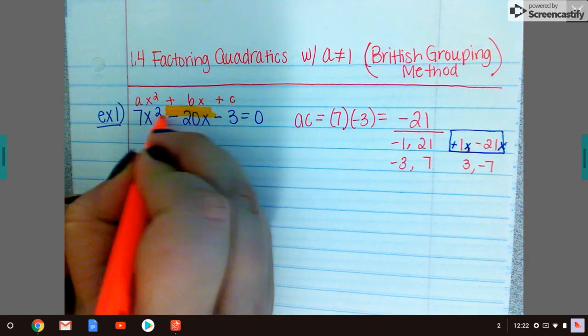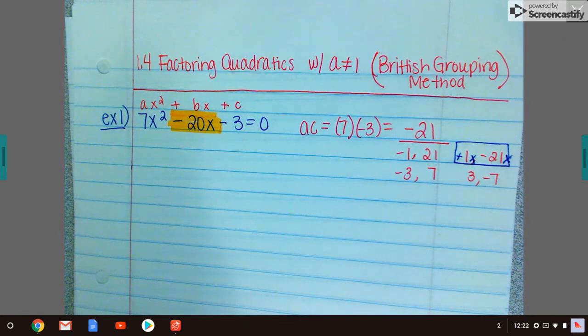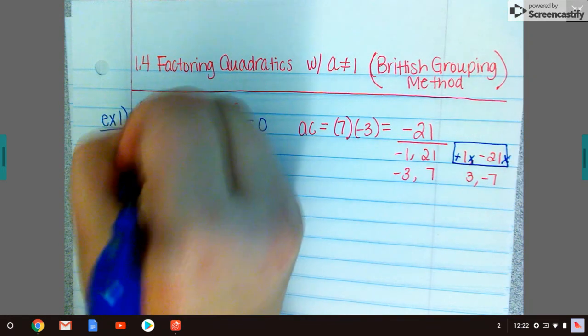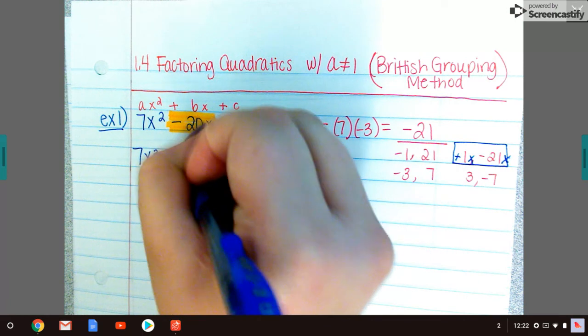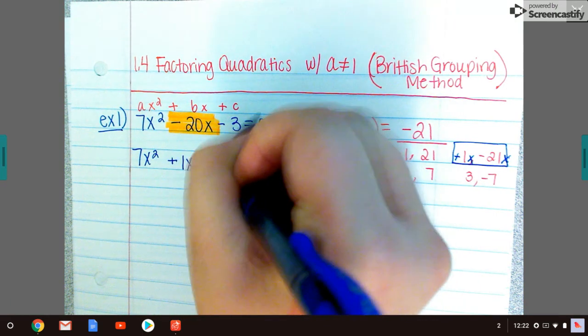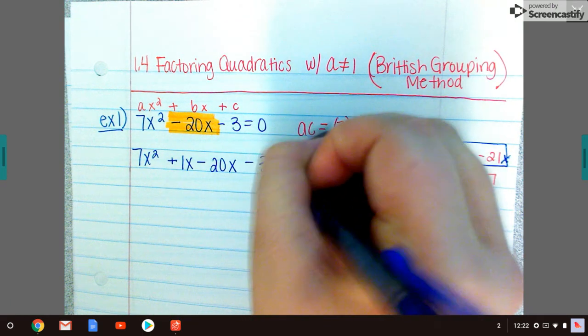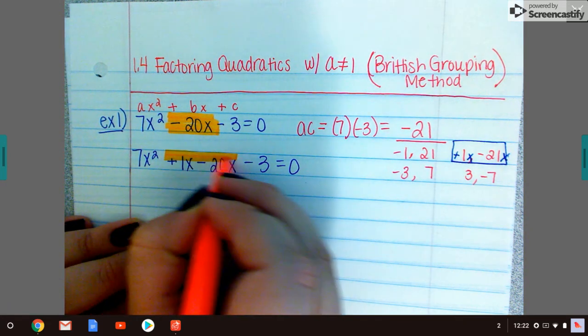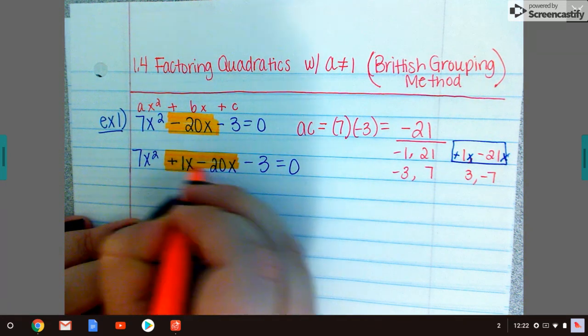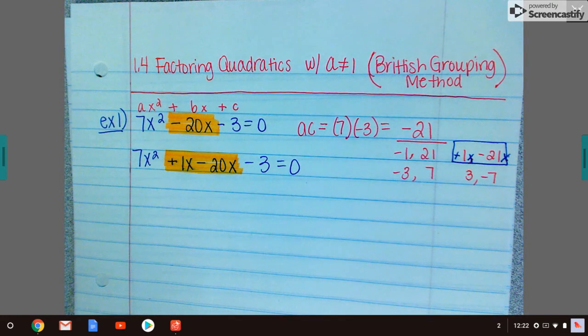So I'm going to replace this term. Instead of negative 20x, now I have plus 1x minus 21x, and then drop down the rest. So I just replaced that term, and I made it two terms. So everything is still equal.